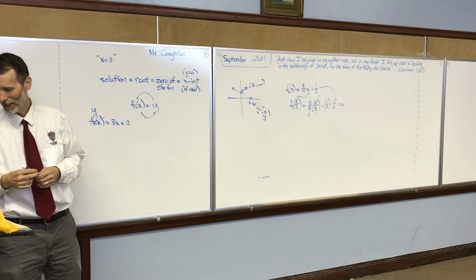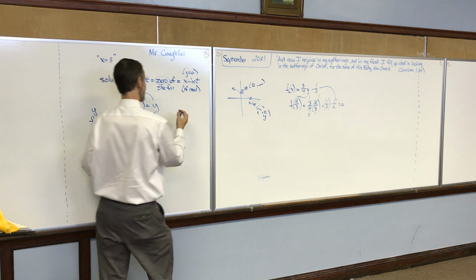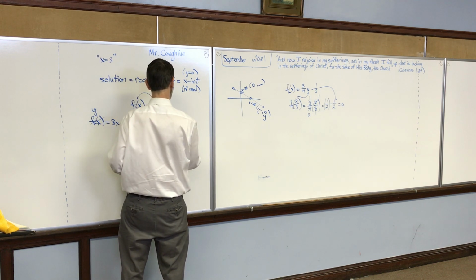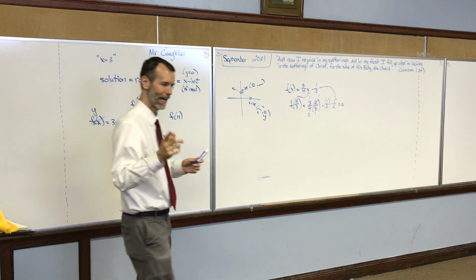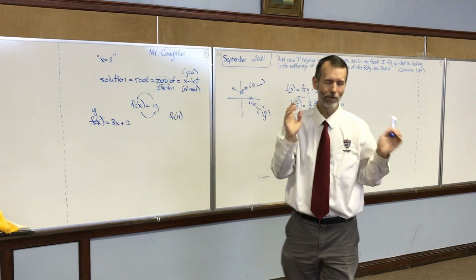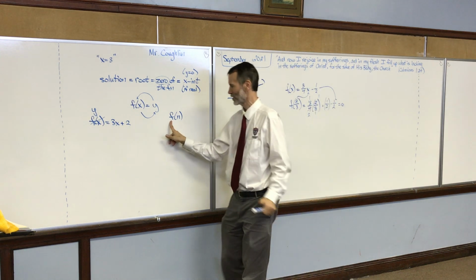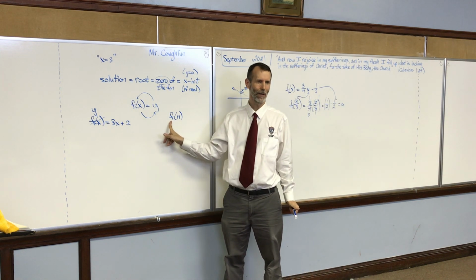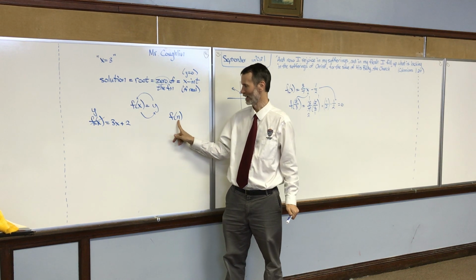Now, they had mentioned in number 9 the function f of n. We covered the other day what a function is, the pieces, what they're named. What does f stand for? Look back in your notes if you need to. It's the name of the function. What's n?